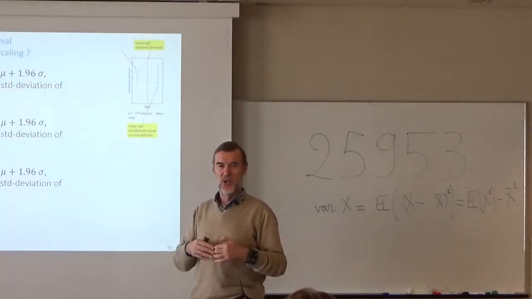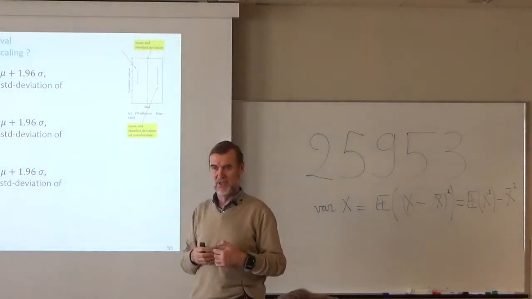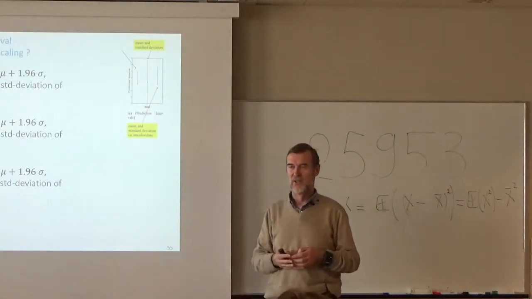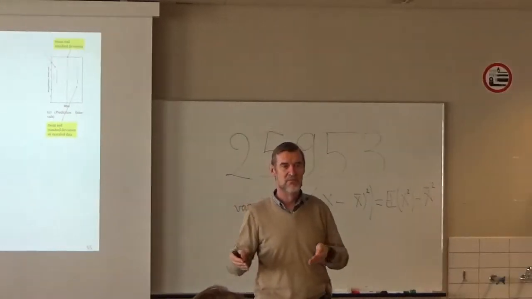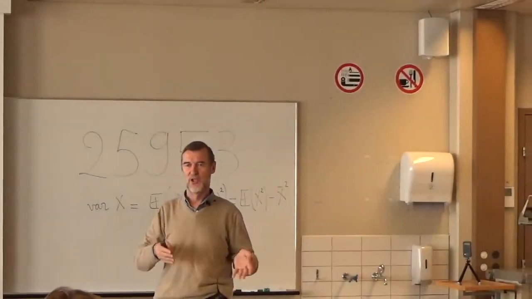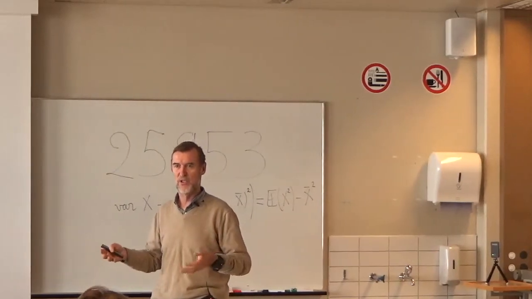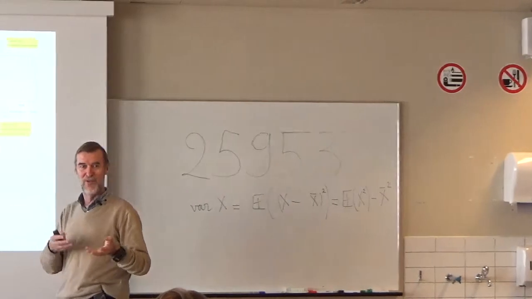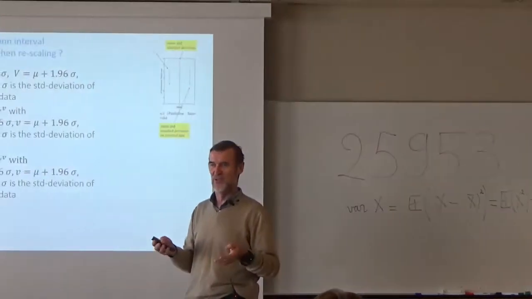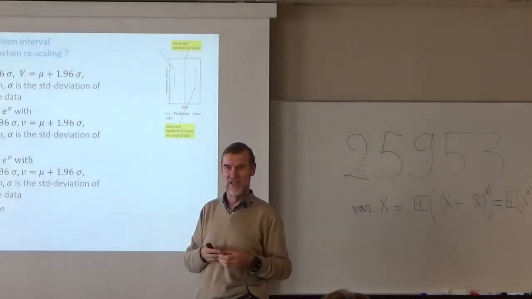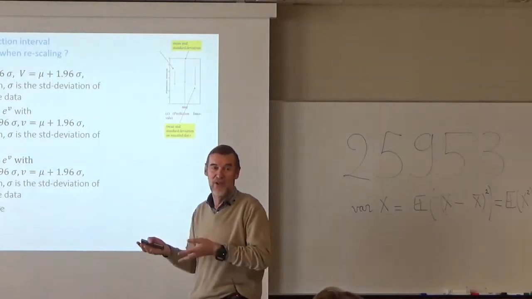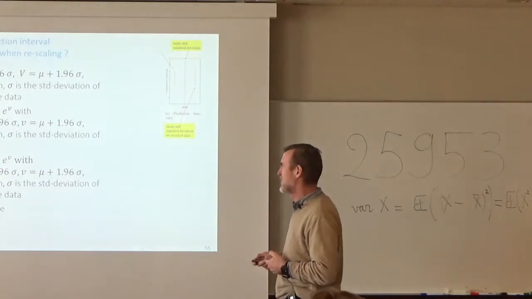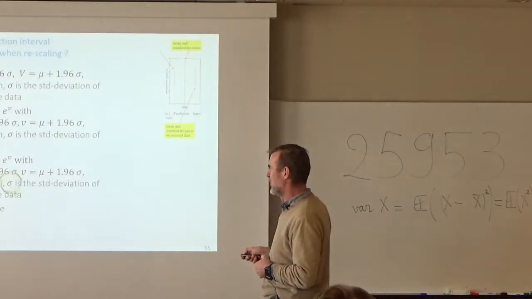Now the log is a monotonic transformation, which we can invert, and the inverse of the log is the exponential. So if something is between a and b, the exponential of it is between exponential a and exponential b. The exponential is also monotonic. If it were the square, we would need to be careful. The square is not a monotonic transformation if the values can be positive and negative. But here, we assume all the values are positive when we took the log, and the log and its reverse are monotonic transformations.